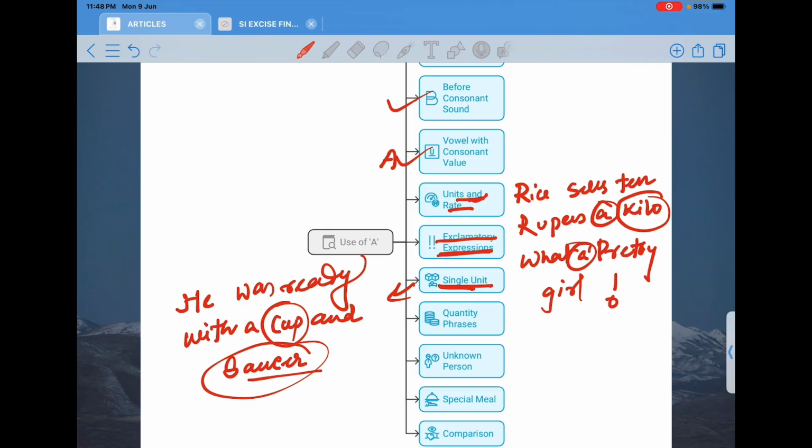These two articles are used as a single unit. So in this type of situation, you will use "a".